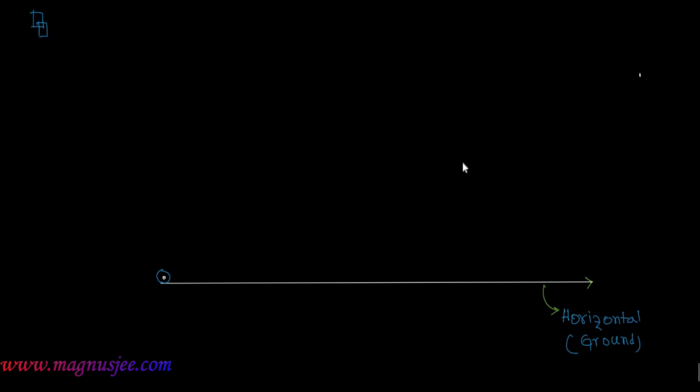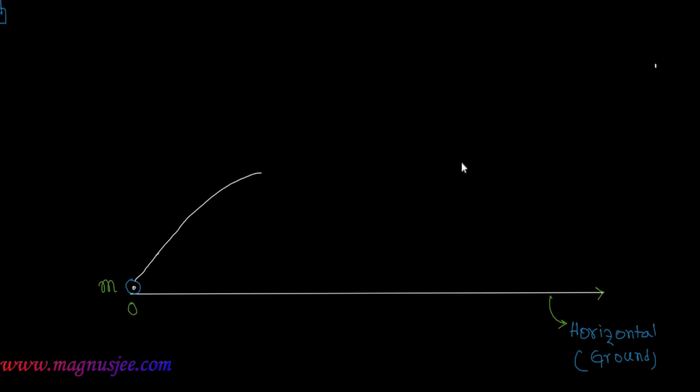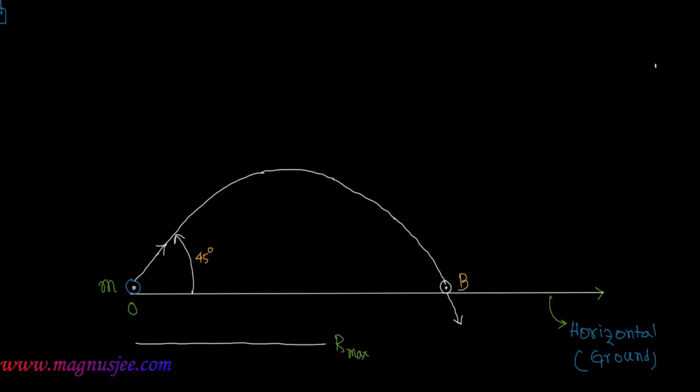A projectile of mass m will be thrown from the point O. If the projectile is thrown at an angle 45-degree, it will describe this type of parabolic path and strike the ground at the point B. The horizontal range of the projectile will be R max, and that will be the maximum horizontal range.